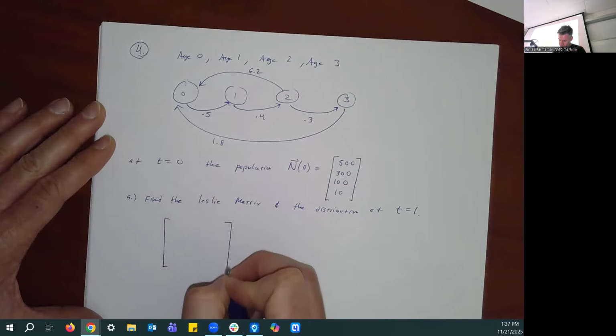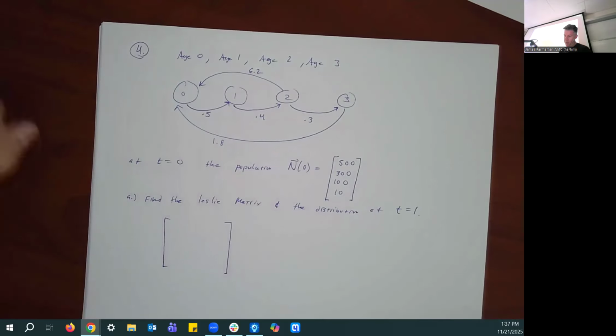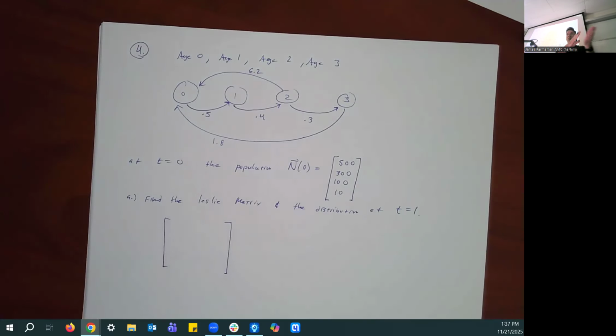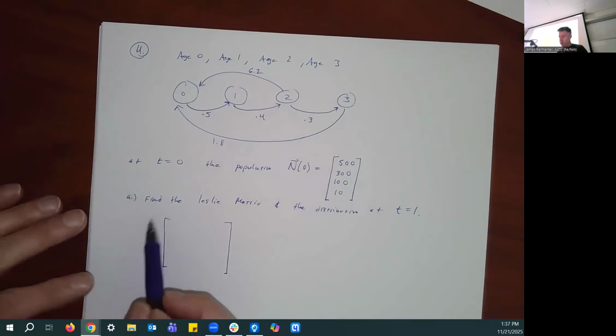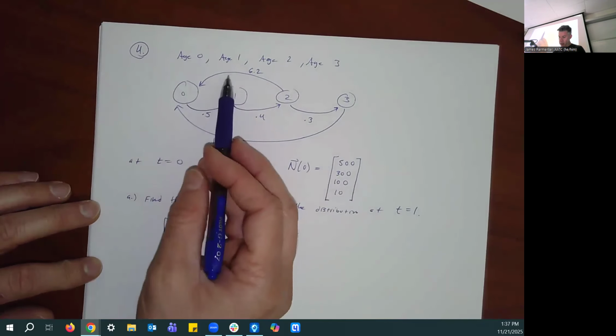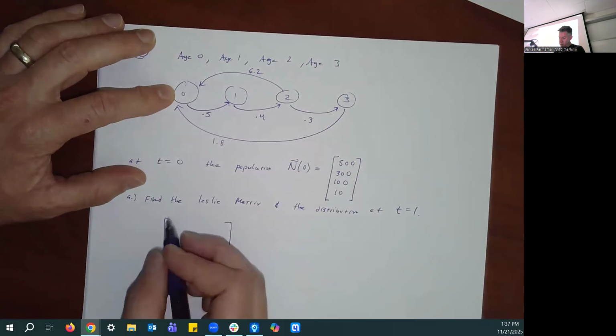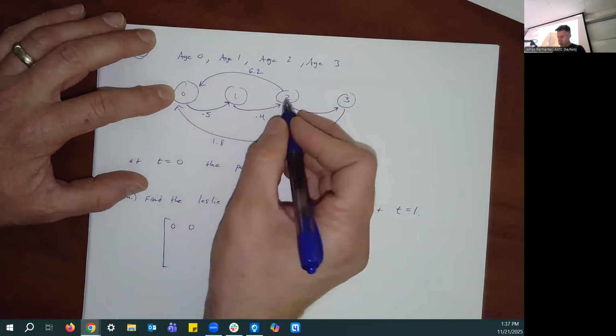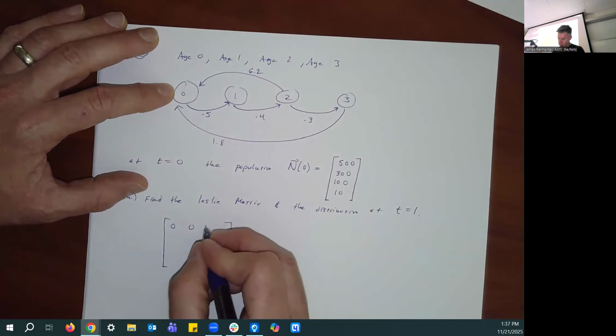And how am I going to talk about this in a way that I like to think about it? Well, I'm always thinking of my rows as the things that are going into that specific age category. So the first row should be all the things going into age 0. Age 0 isn't going into age 0. Age 1 isn't going into age 0. But age 2 is going into age 0 6.2 times.